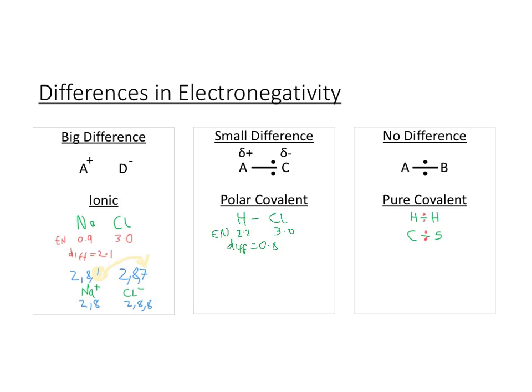So electrons are going to be closer to the chlorine, giving the chlorine a partial negative charge, hydrogen a partial positive charge. Delta negative for chlorine, delta positive for hydrogen. So the electrons are shared unequally, and we have a dipole across this bond, a charge difference across the bond.